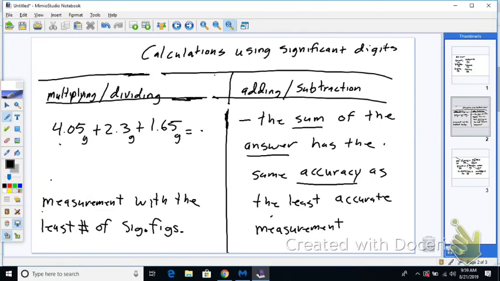If you look at those 3, which of those 3 is the least accurate measurement? 2.3, right? Does everybody agree that 2.3 only goes one place to the right and the other ones go 2 places to the right? So my answer, how far can it go to the right of the decimal? 1 place, right? Does that make sense?